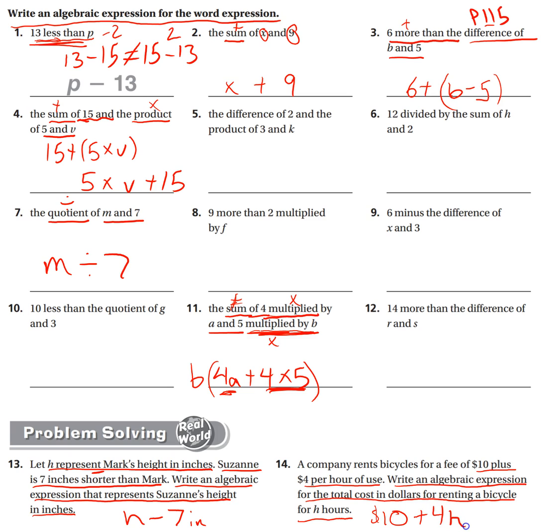So 4 times every hour after that. And there's our expression. So if you ride the bike for 2 hours, it's going to be 4 times 2 is 8 plus the initial 10. If you ride the bike for 1 hour, it's going to be 4 times 1 plus the initial $10. Everybody pays that initial $10.